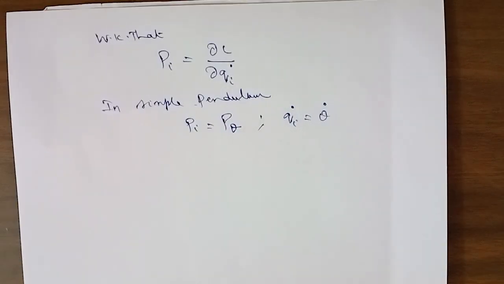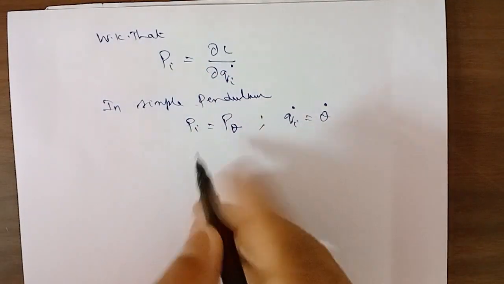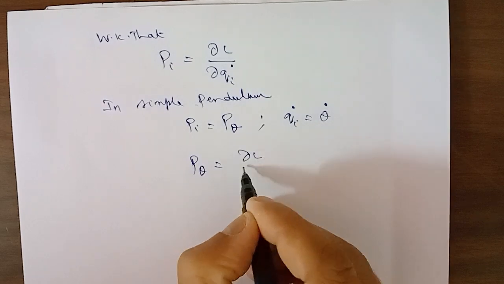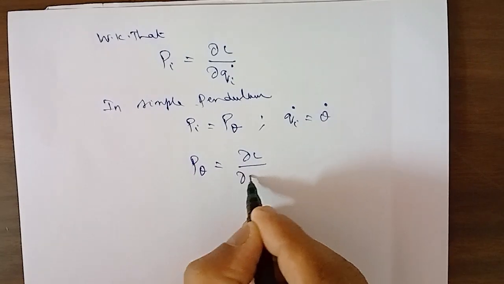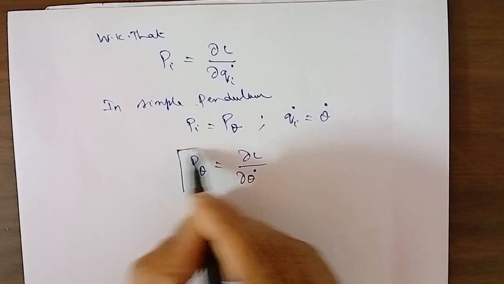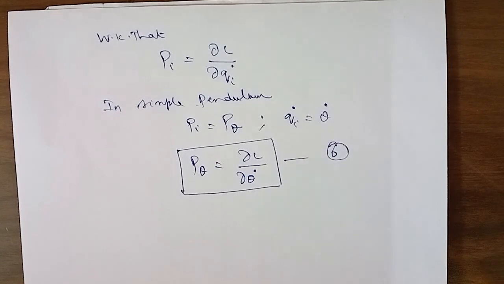Therefore this equation becomes P theta equal to dou L by dou theta dot. Make it equation number 6.